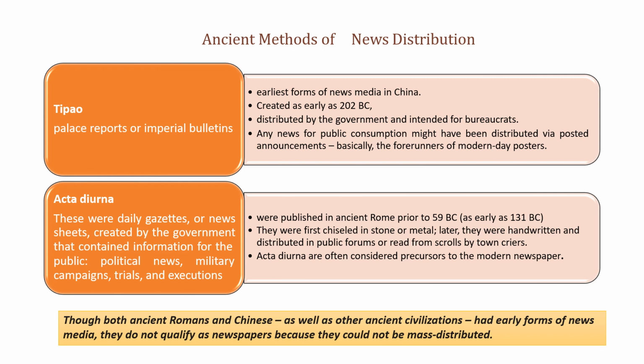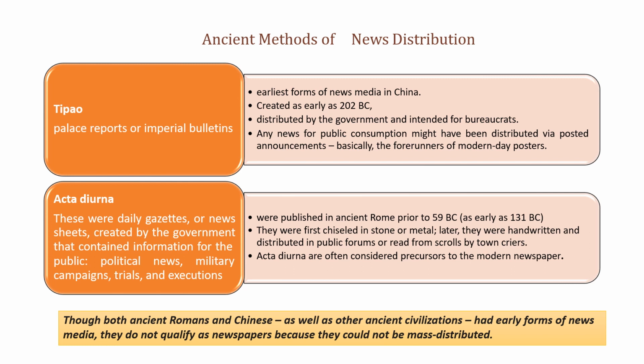They were published in ancient Rome, as early as 131 BC, prior to 59 BC. At first they were put on stone or metal sheets, and later they were handwritten and distributed in public forums, so that they could be read, or read out by the town criers. Acta diurna is often considered a precursor to the modern day newspaper.